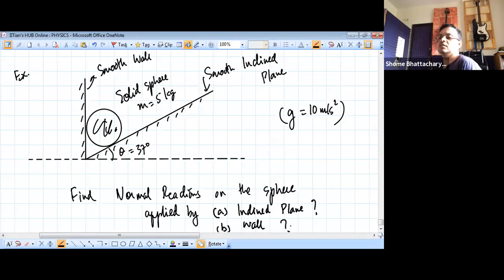How much normal reaction the inclined plane is applying on the ball or the solid sphere, and how much normal reaction the vertical wall is applying there. Then it's at rest. It's sort of lodged between, it's sort of stuck between the wall and the inclined plane.